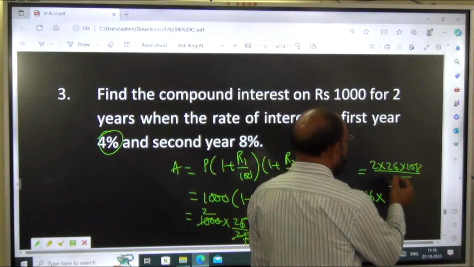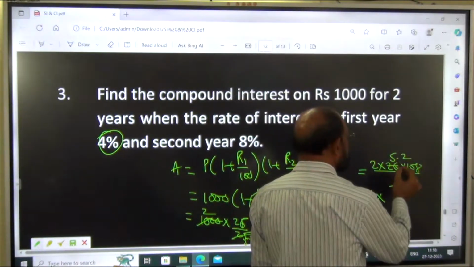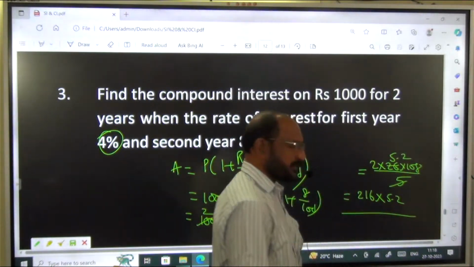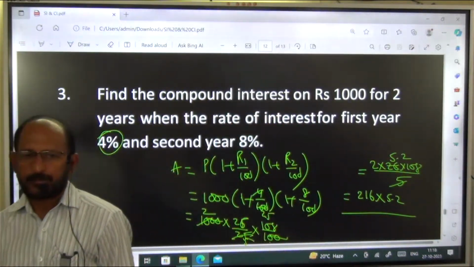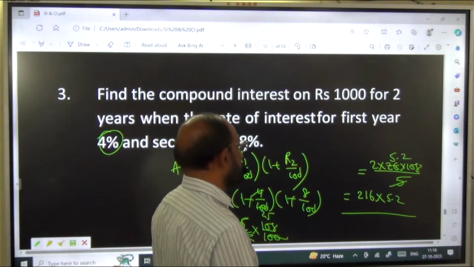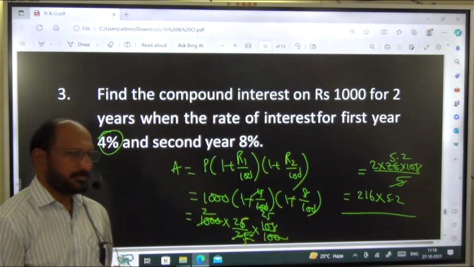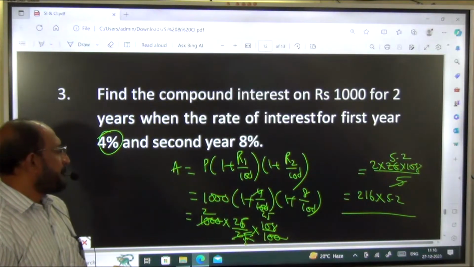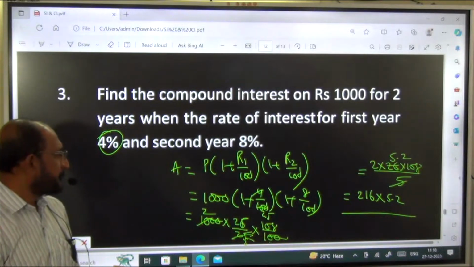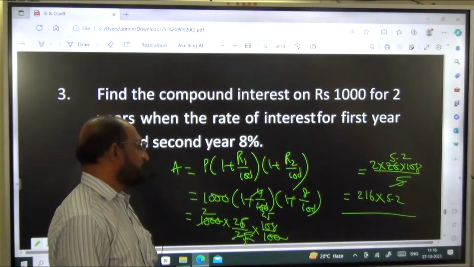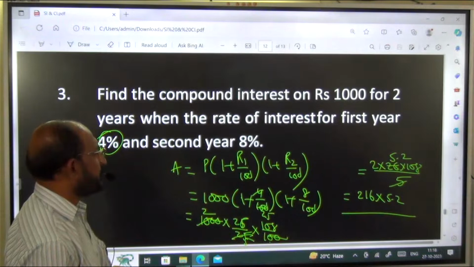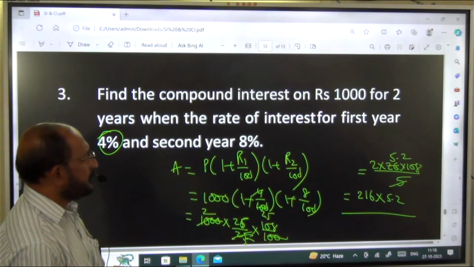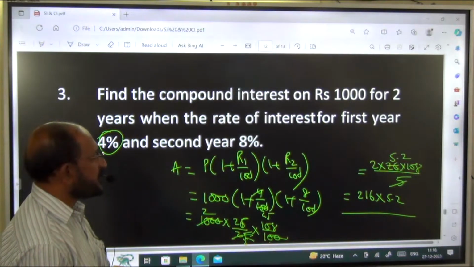216 into 5: 5 fives are 25, 5 twos are 10. Correct? 5.2. Then multiplication to get the answer. 216 into 5.2.